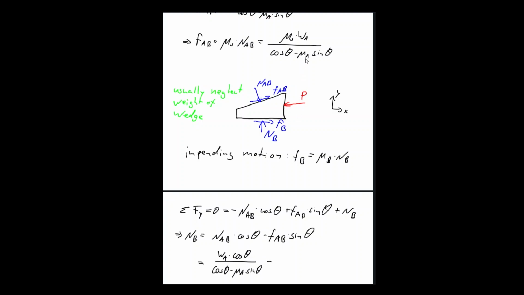And then minus F, so that's then mu S times sine theta times WA divided by cosine theta minus mu A sine theta.